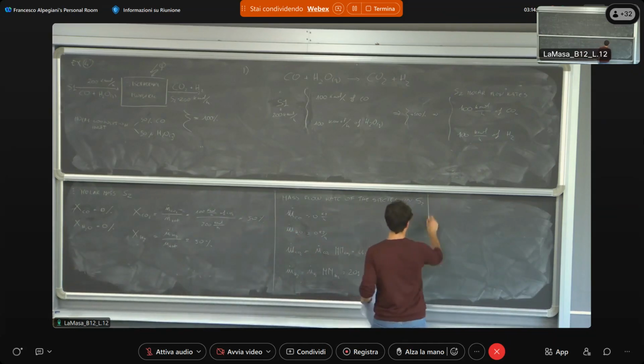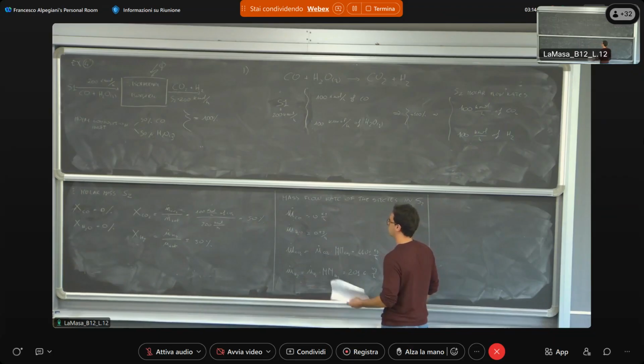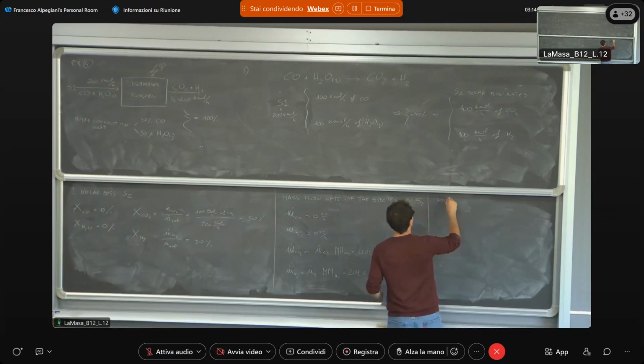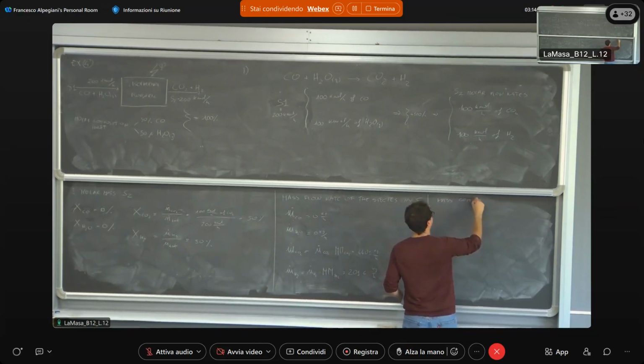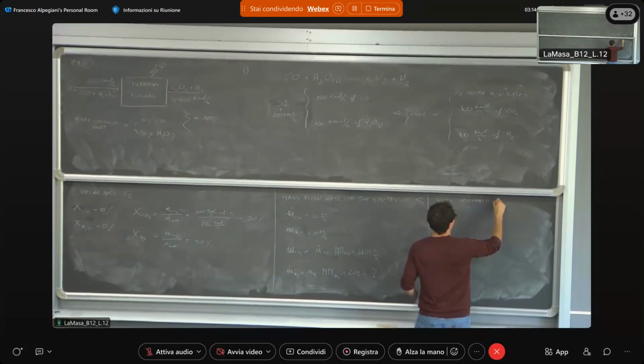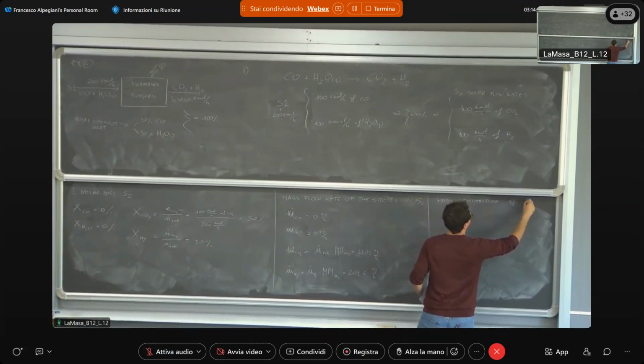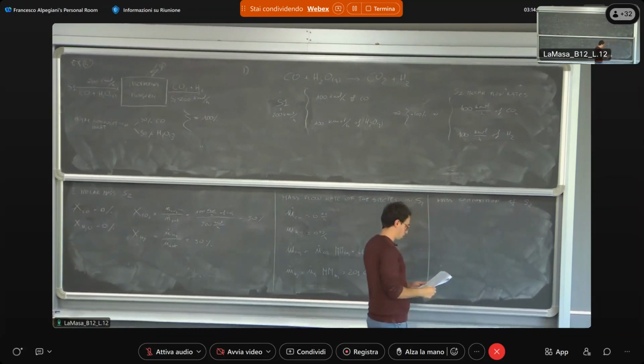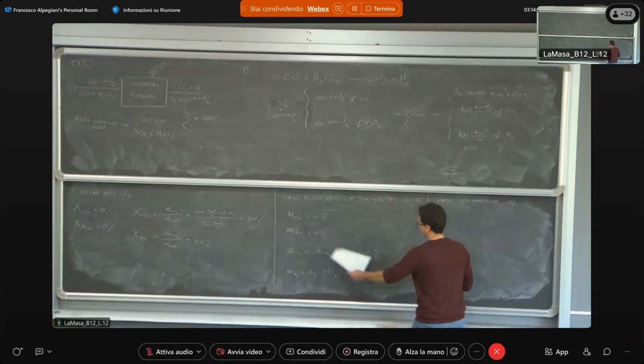Then, if you want to evaluate the mass composition of the stream S2, you have just to use these two values divided by the total.